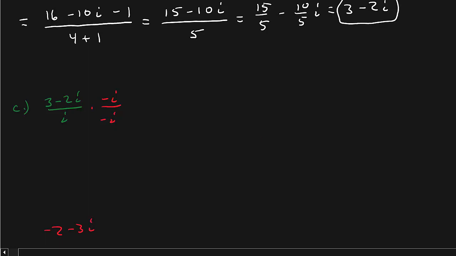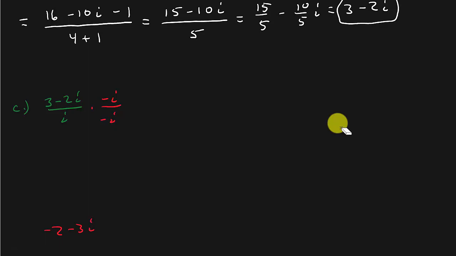Well, we know that i is the same thing as 0 plus i, and the conjugate of that would be 0 minus i. And if we do 0 minus i, that's just -i, and that's that -i right there. But like I said, multiplying by -i or multiplying by +i, it's not that big of a deal.